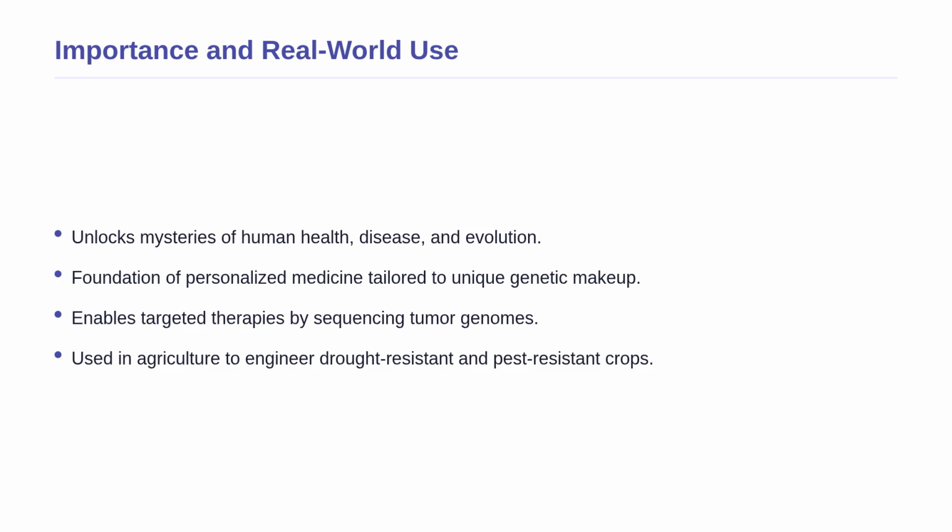For example, if a patient has cancer, doctors can sequence the genome of the tumor to figure out exactly which genetic mutations are causing it, allowing for highly effective targeted therapy. Beyond human health, it ensures global food security by helping engineer crops that survive droughts or resist pests.